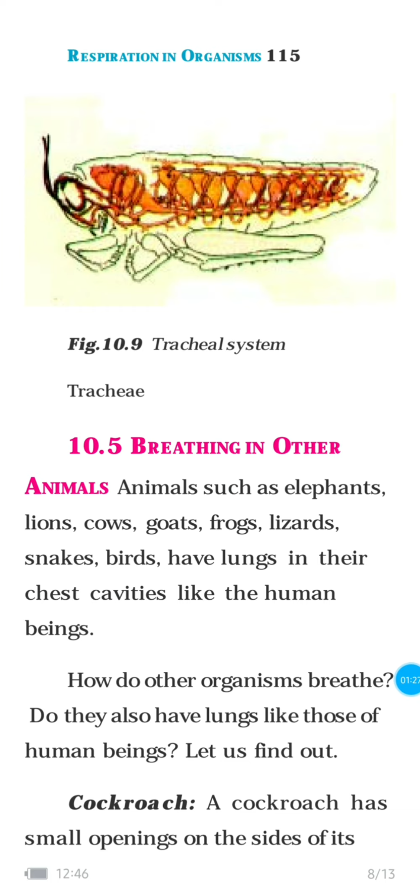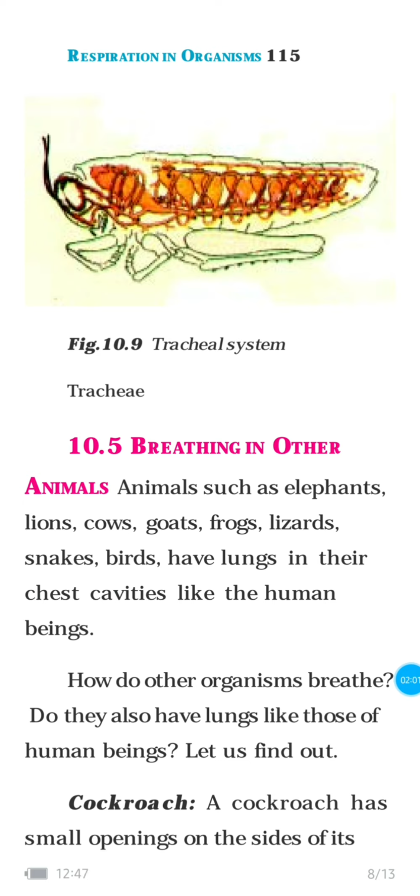These air tubes or tracheae are found only in insects and not in other groups of animals. So, what are the breathing organs for these insects? The openings are called spiracles, and inside their body they have a tracheal system that is made up of air tubes.